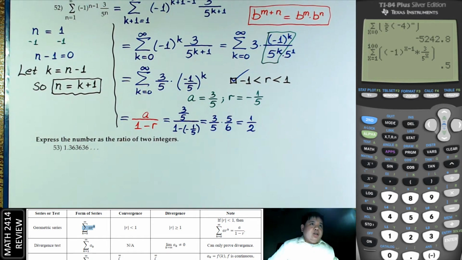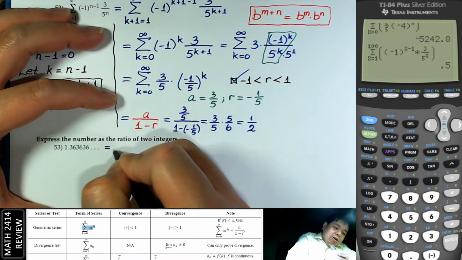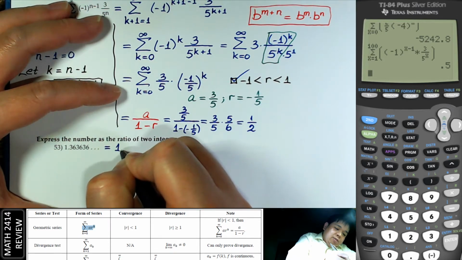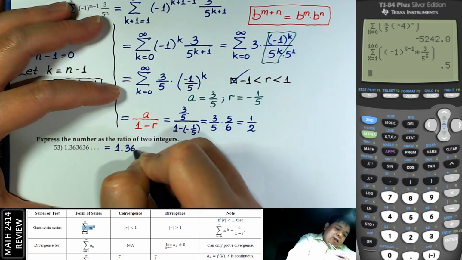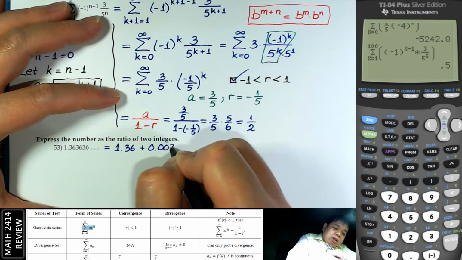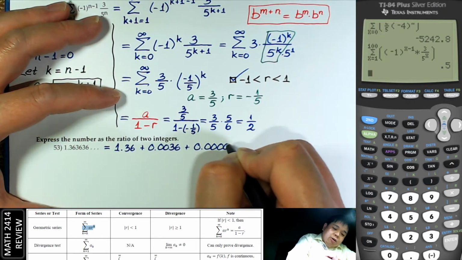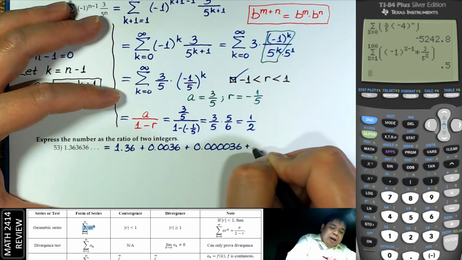Next, I express this number as a ratio of two integers, so a fraction pretty much. So how do we do this? Right. First we can write this as the sum 1.36 plus 0.0036 plus 0.000036 and so on.